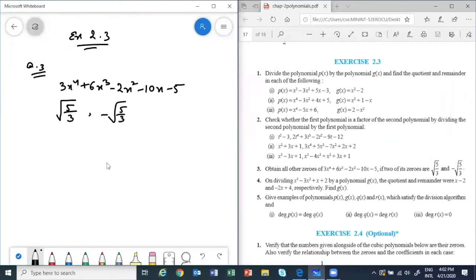Since the polynomial is of degree 4, we can have a maximum of 4 zeros.